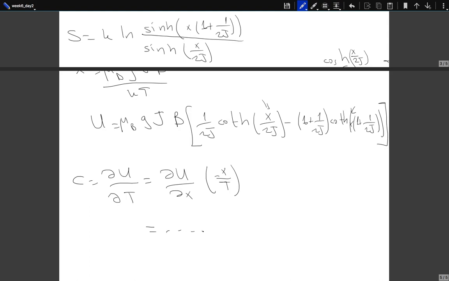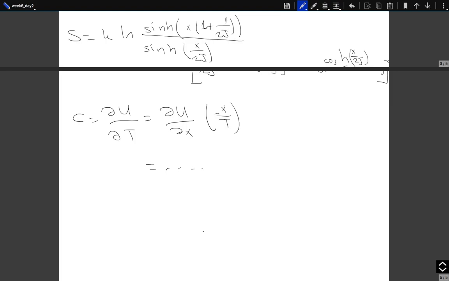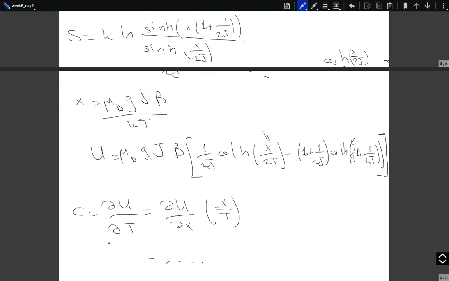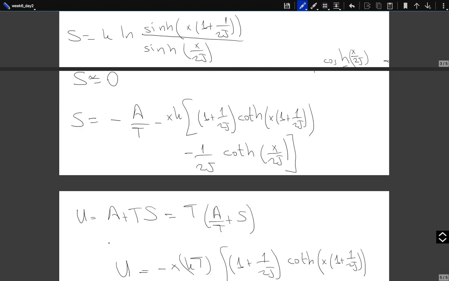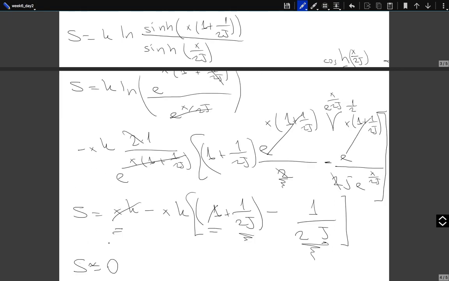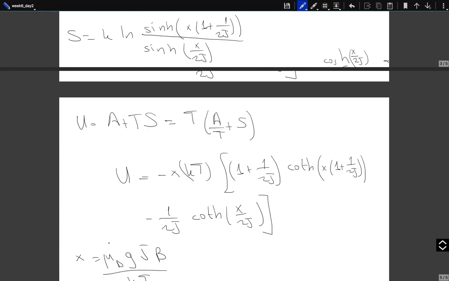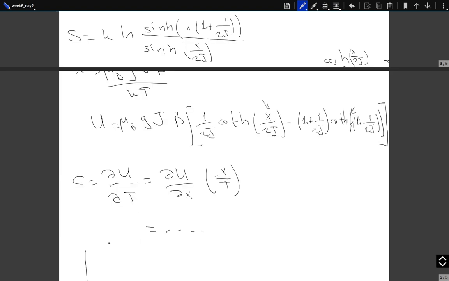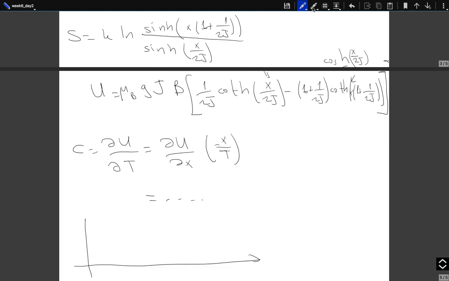You can take the derivative. Well, the important thing about this one will be the internal energy. We already calculated the low temperature limit, we didn't calculate the low temperature limit of the, let's calculate the low temperature and high temperature limits. Small x and large x limits, let's say. So that will be enough for my claim.